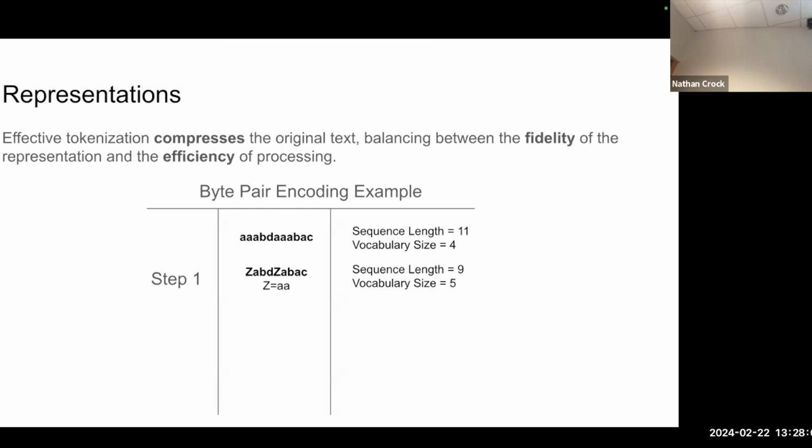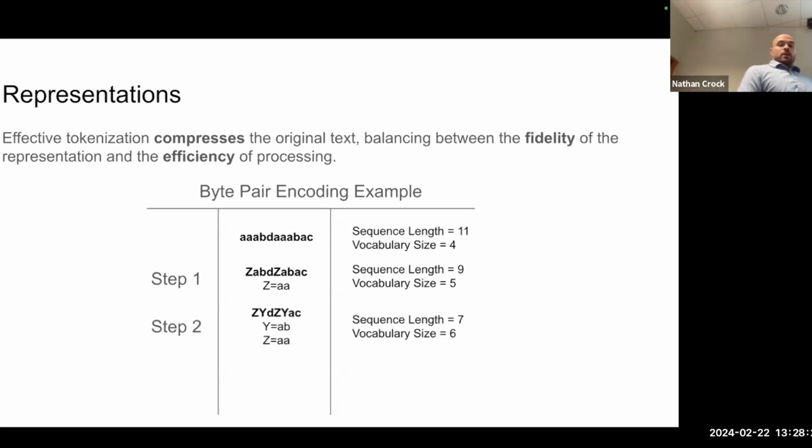You have 1, 2, 3, 4. So 2 A's is the most commonly occurring pair of tokens. And so you mint a new token out of thin air, which we just call Z for the sake of representation here. What just happened is that our sequence length got smaller, but our vocabulary size increased by 1. We created this new token.